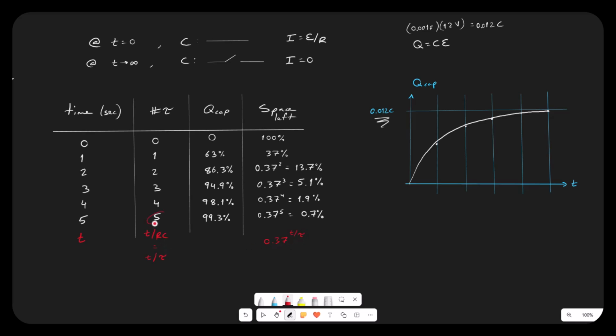So when this is 5, this is 5. And then the storage on the capacitor, that's just going to be 1 minus the space left. So 1 minus 0.37 to the t over tau. That's that part.